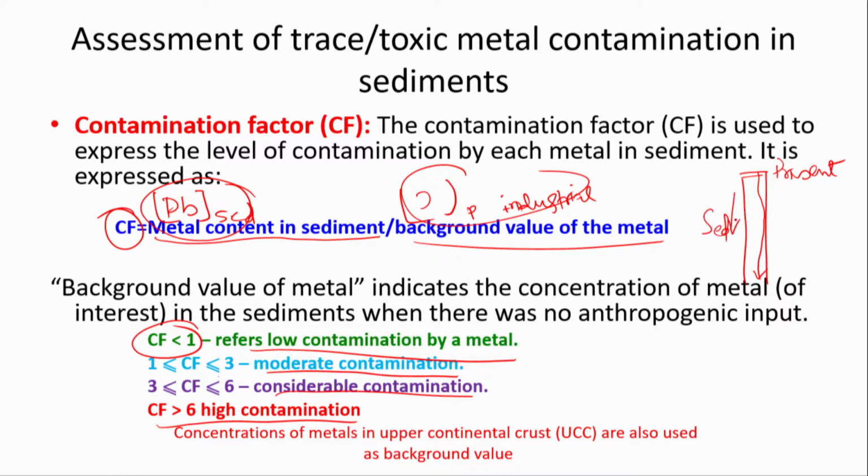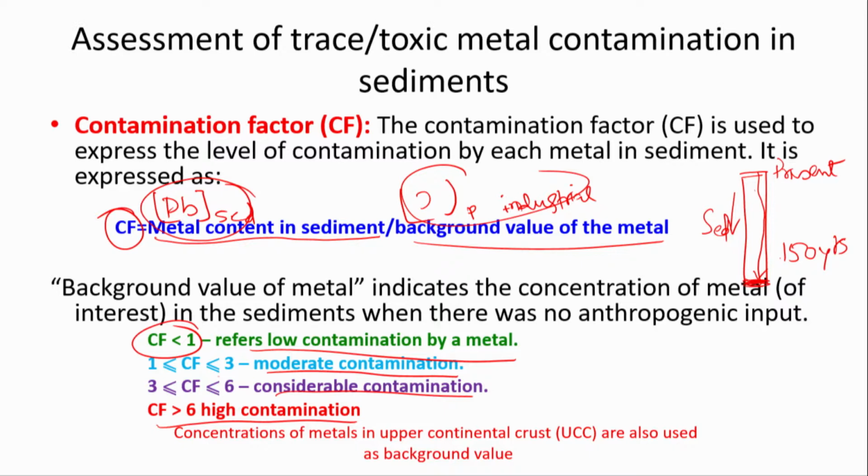So if sedimentation is taking place and you date it, you may find sediment from 150 years back in this region. At that time, industrialization was not there, the human influence was not that high, and metal contamination by human influences was less. So maybe we can take this sediment, look at the total metal concentration, and consider it as a background value.